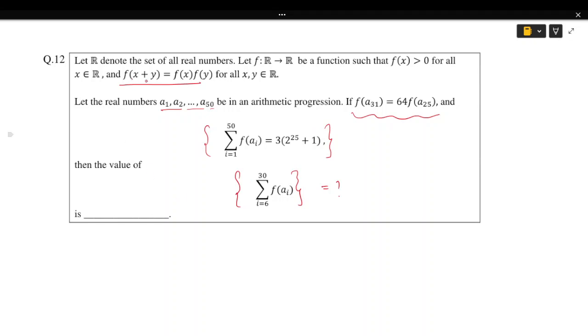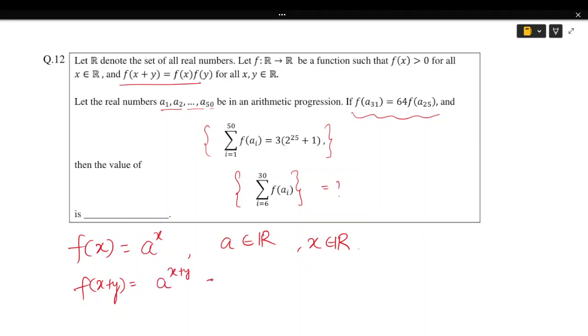First, we need to check a function that satisfies this condition. Now, the one function that comes into my mind is f of x equals a to the power x, where a belongs to R, and x belongs to R. Because, as we know, f of x plus y equals a to the power x plus y, and that can be broken as per the exponent rule.